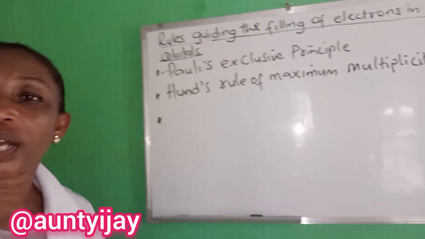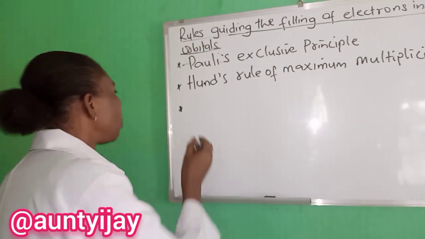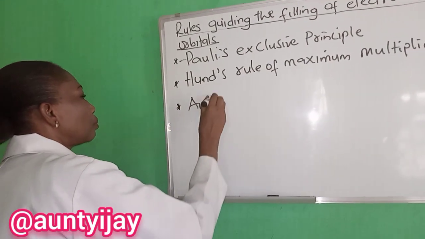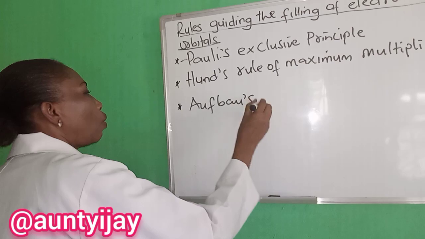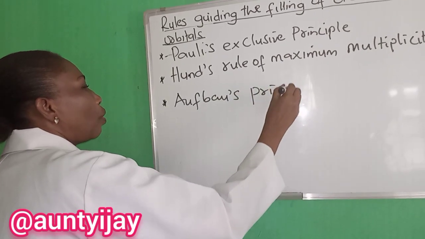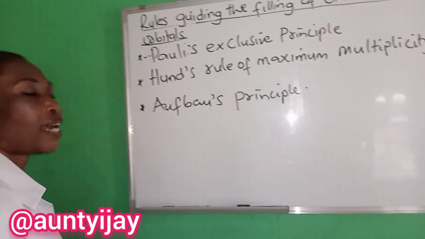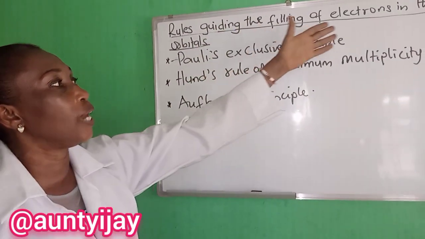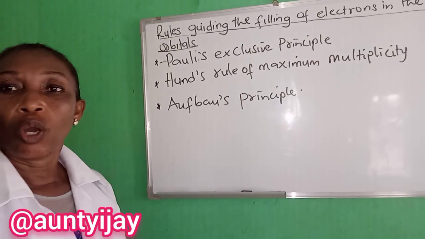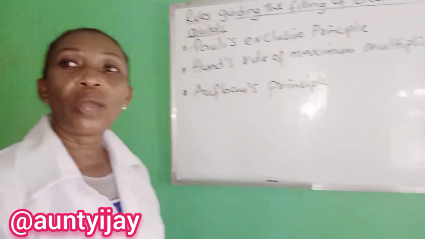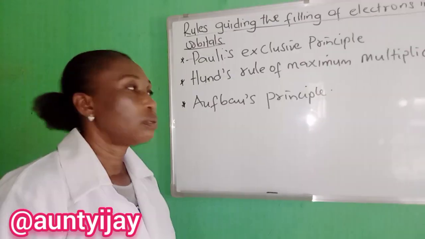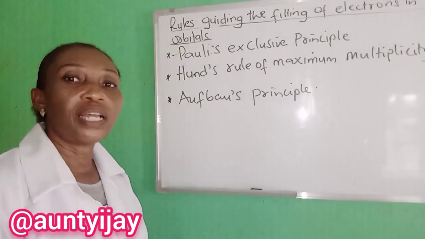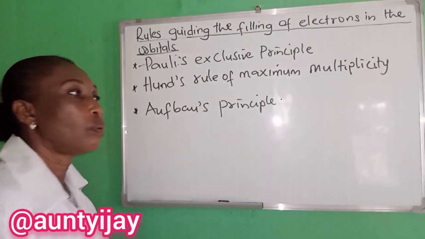We're also going to look at Aufbau's principle. These are the three principles that will guide us on how to fill electrons in the orbitals. Now we are going to start with Pauli's exclusion principle.